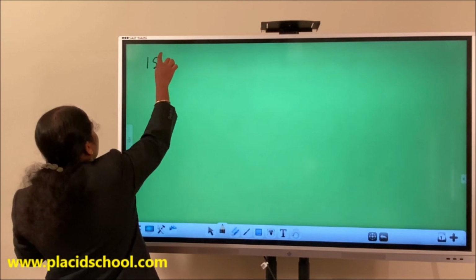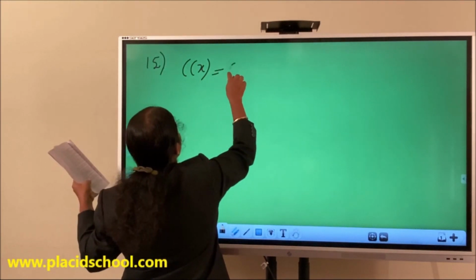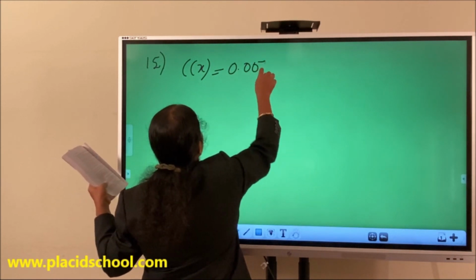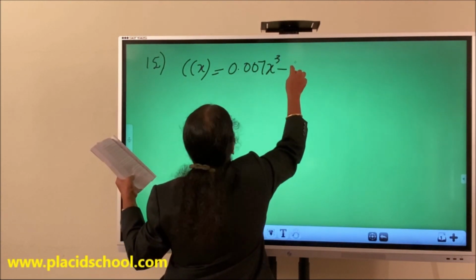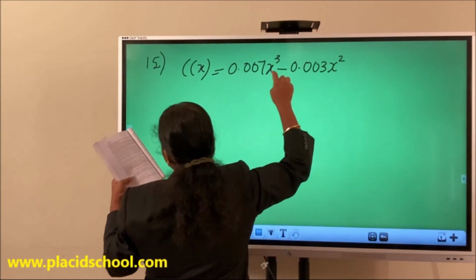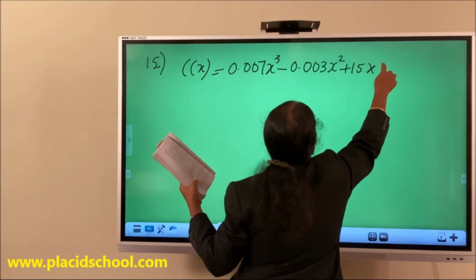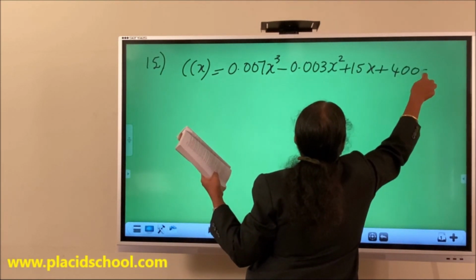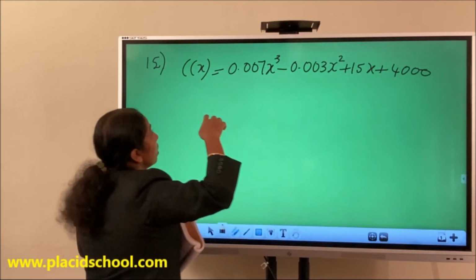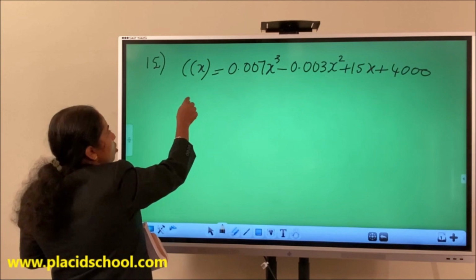Question number 15. We are given the function C of x is equal to 0.007x cube minus 0.003x square plus 15x plus 4000. Marginal cost means the change in the original cost.